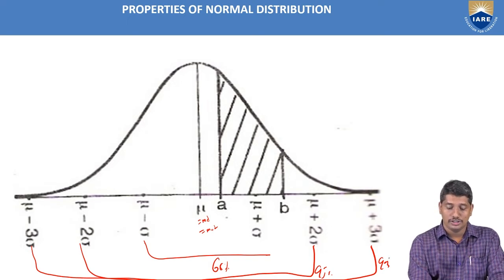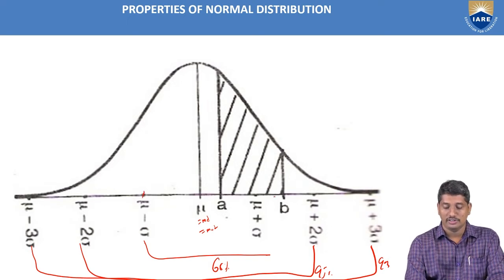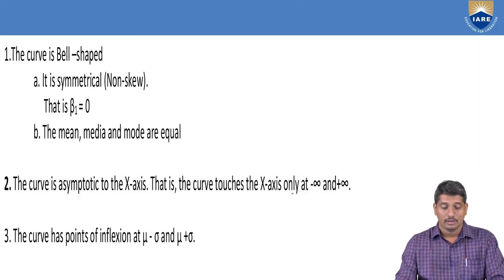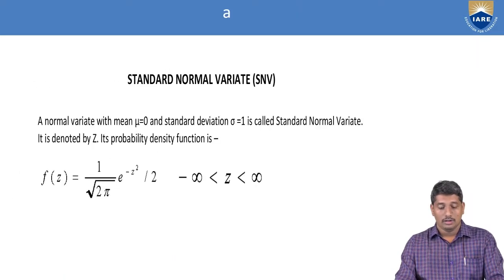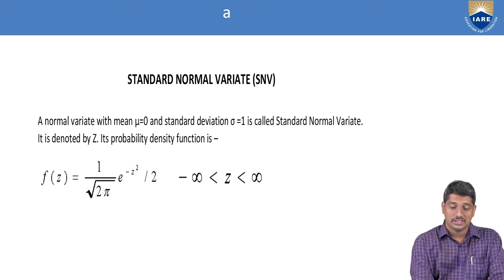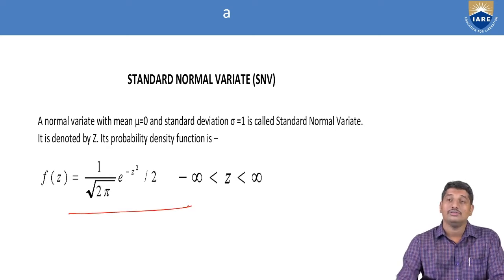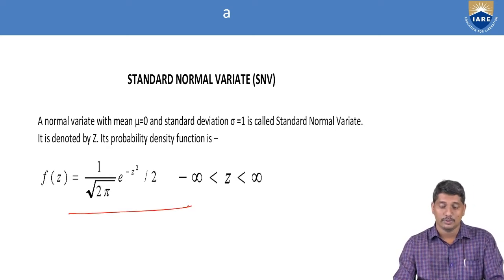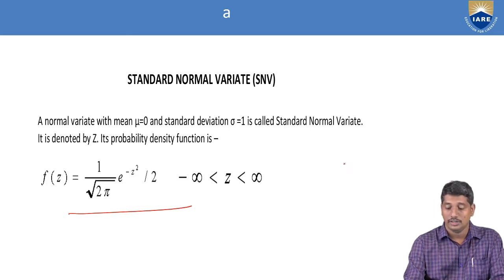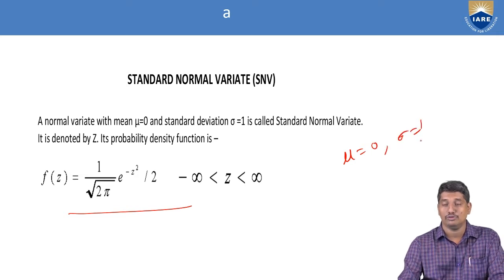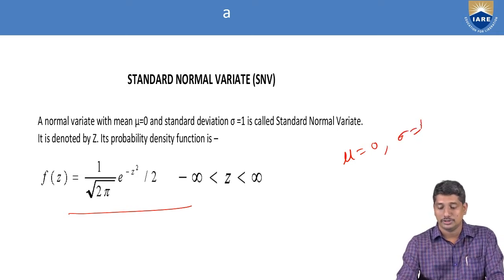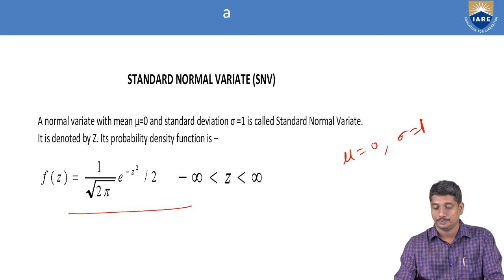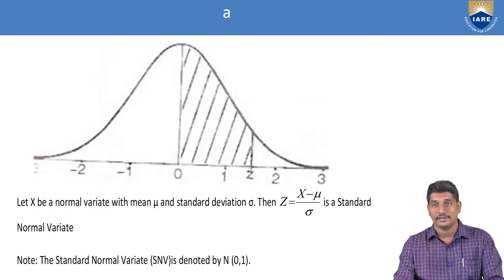And also, these 2 points will act as the points of inflection. Now, we also discussed the standard normal variate, whose density function is 1 by root 2 pi e power minus z square by 2, where we obtained this by putting mu is equal to 0, sigma is equal to 1 in the original normal distribution, and the curve is like this.